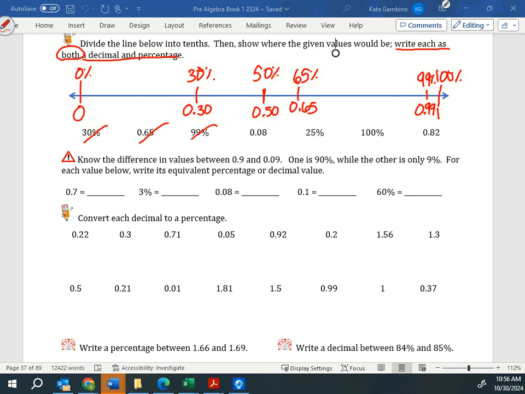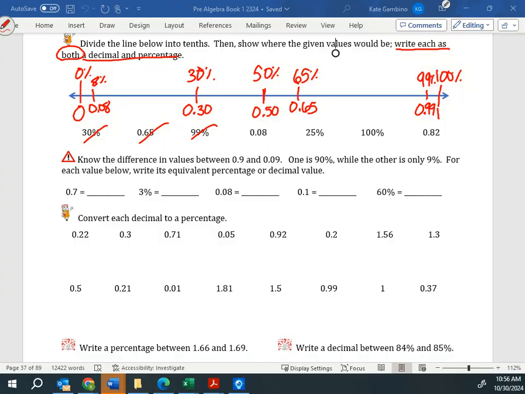Now I have 0.08. Where should I put that? Harper? Really close to the 0. What percentage is that then? Amala? 8%. I always have some friends who put that as 80%.